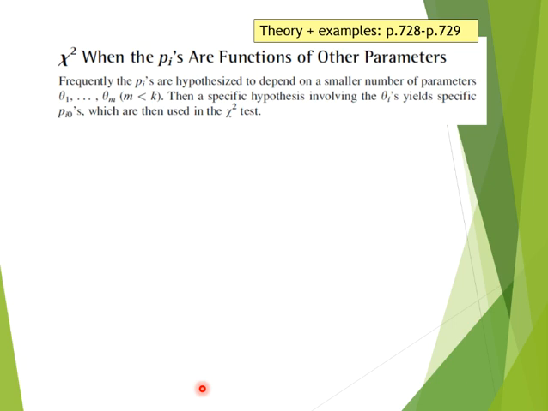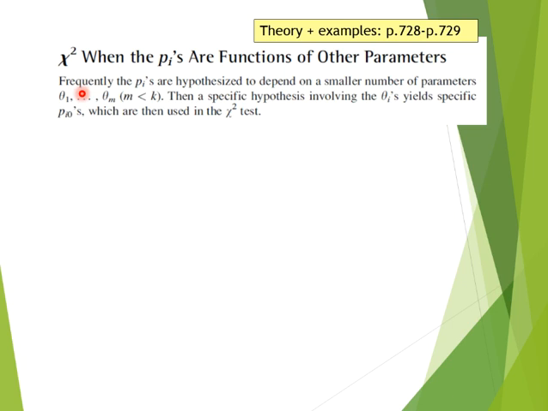What do I mean when I say chi-square goodness of fit test when the probabilities are functions of other parameters? Remember, it's all about whether probabilities are equal to specific values, but now these specific values are determined by a probability distribution.